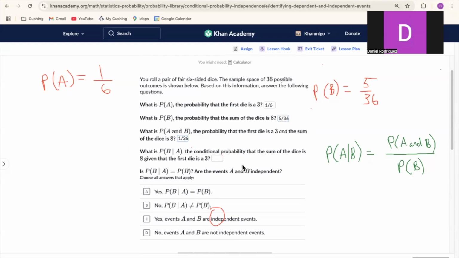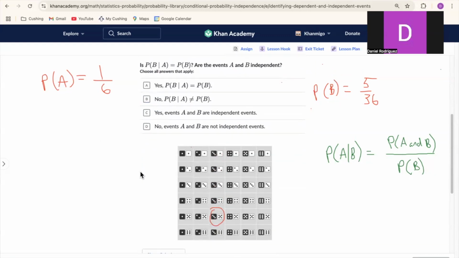And then B given A. B is the sum of 8. So what's the probability you get a sum of 8 given that your first die is a 3? You could use the conditional probability formula, but you don't have to, because given that your first die is a 3, there are 6 possibilities. One of them has a sum of 8.